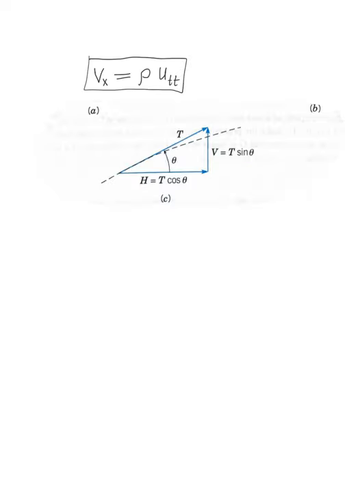We saw that the derivative of the vertical component of the tension is equal to the linear density of the string multiplied by the second derivative of the vertical displacement of the string. This equation takes place at every point x.